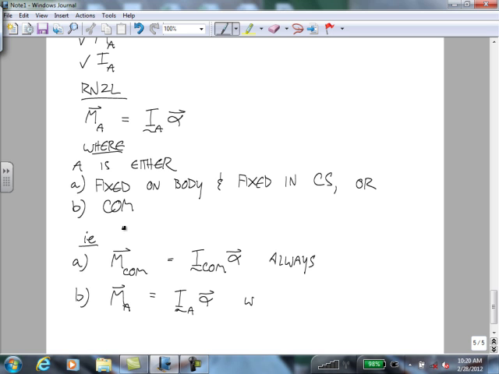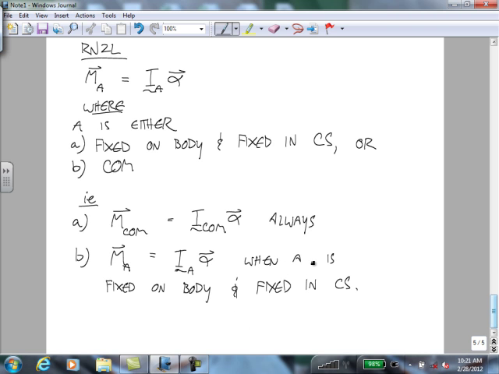And M_A equals I_A times alpha when the point A is fixed on the body and fixed in the coordinate system.